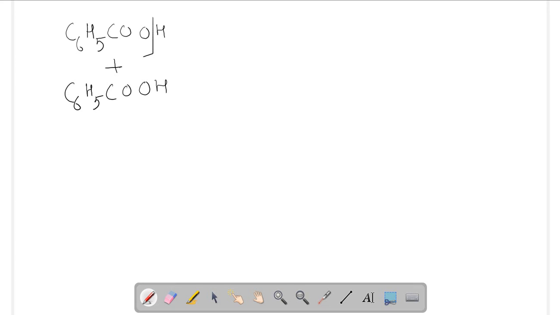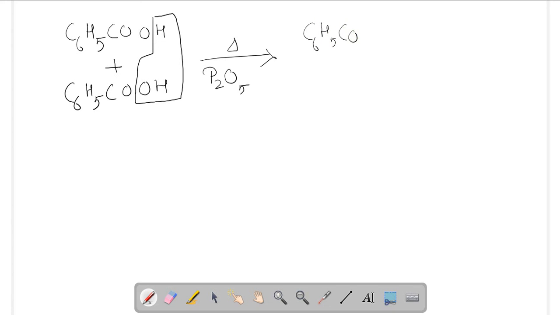So here the removal of water will take place when heated with phosphorus pentoxide, with the formation of benzoic anhydride, plus water. Benzoic anhydride.